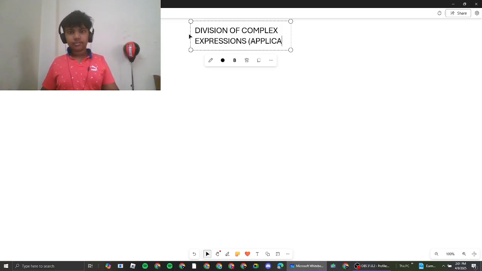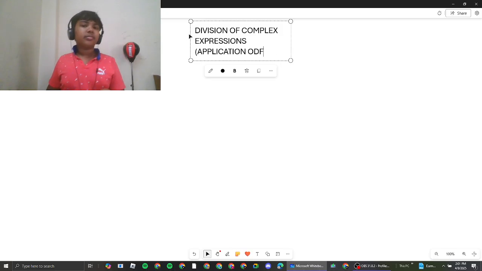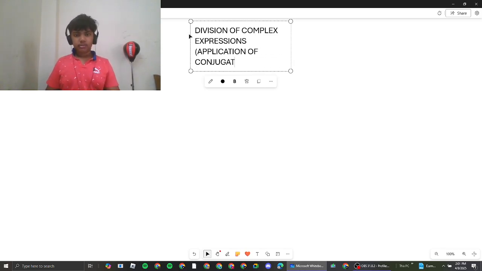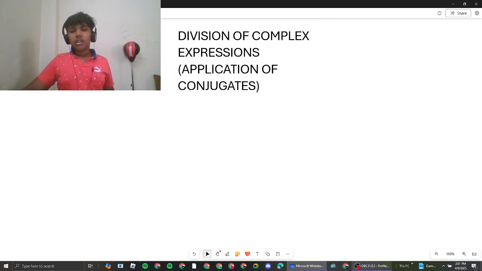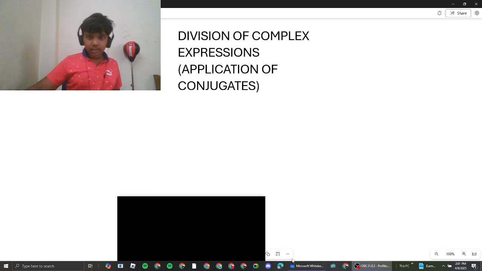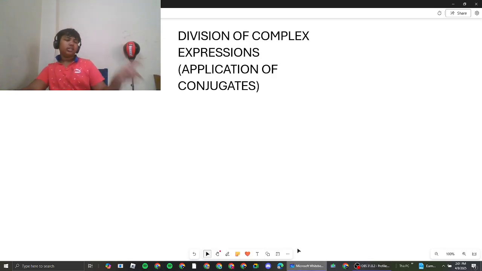Dividing complex expressions using polynomial long division and synthetic division is not efficient enough, because there's another method here.